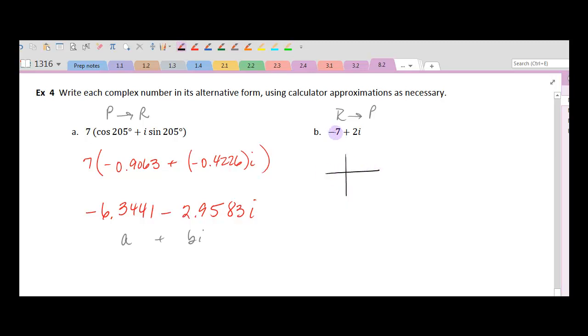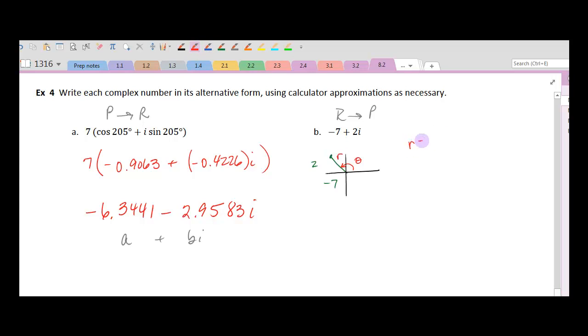I am moving negative 7, so I'm going to move to the left over here, and I'm moving up 2. So I have a vector, or this representation right here. So I went negative 7 in the x direction, positive 2 in the y direction, and what I need to find are theta as well as r.